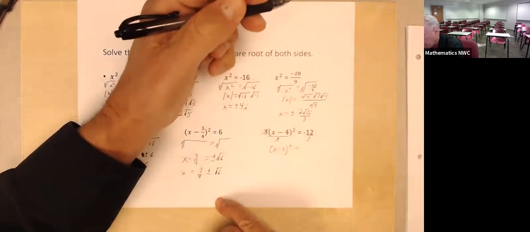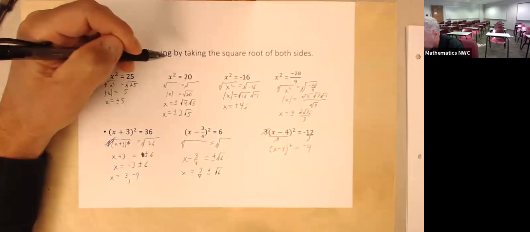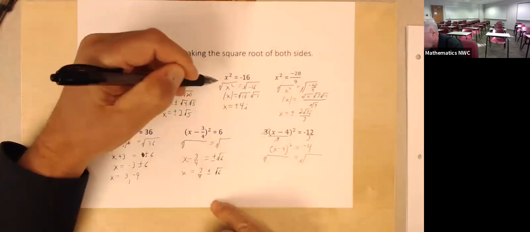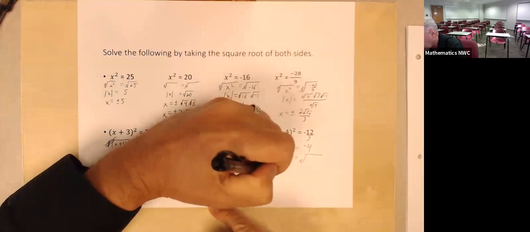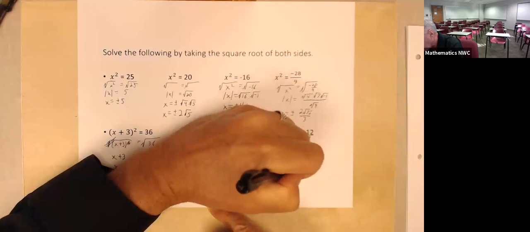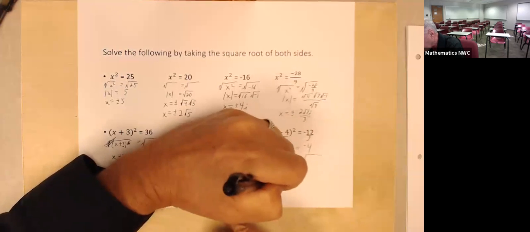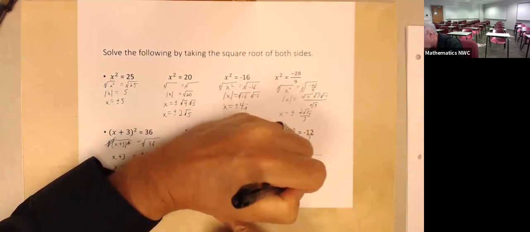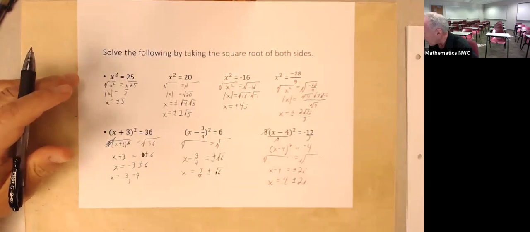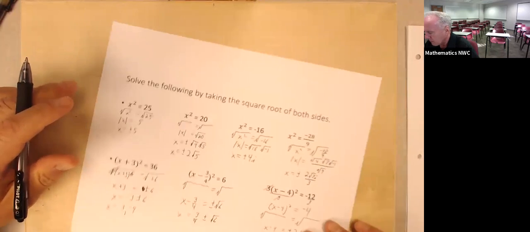Negative 12 divided by 3 would be a negative 4, and made it quite a bit easier. So I end up with x minus 4 equals plus or minus 2i. Bring the 4 across. And again, I did all 7 of those pretty fast because it was review.